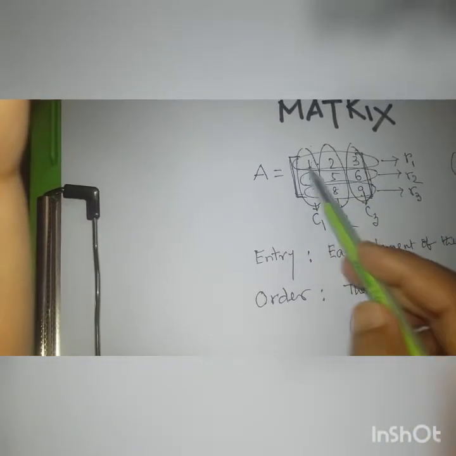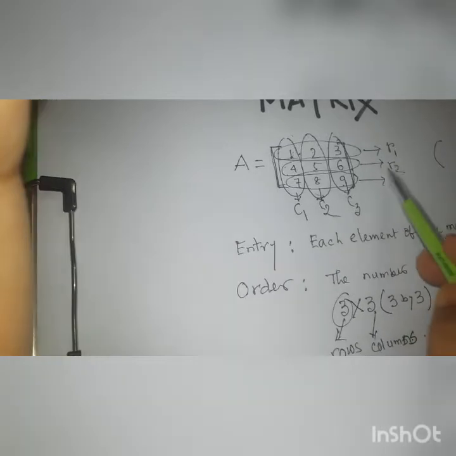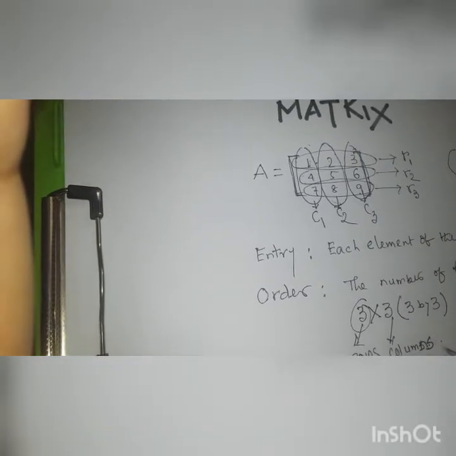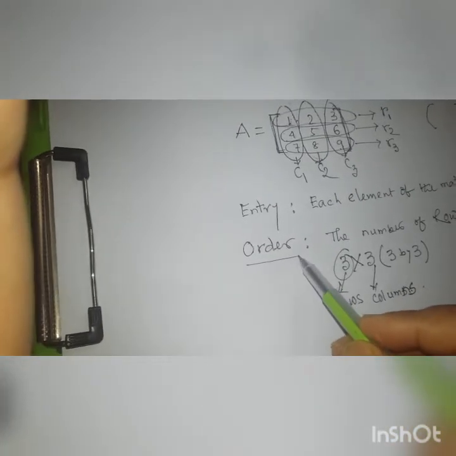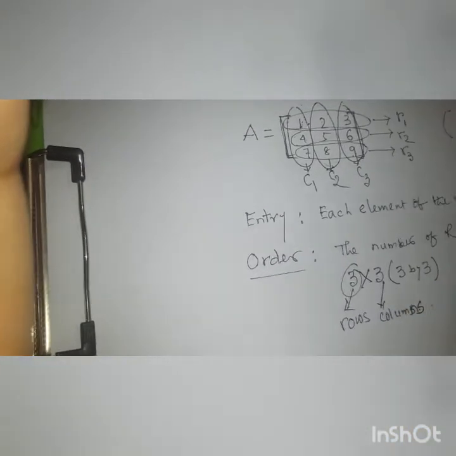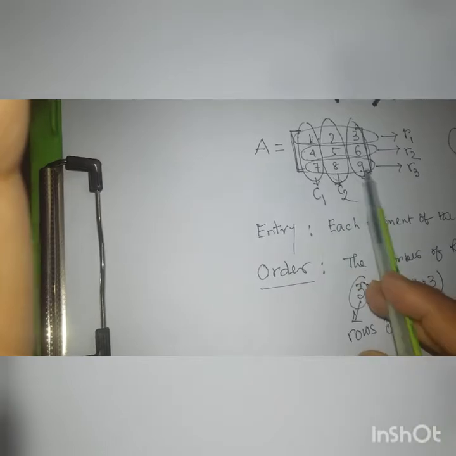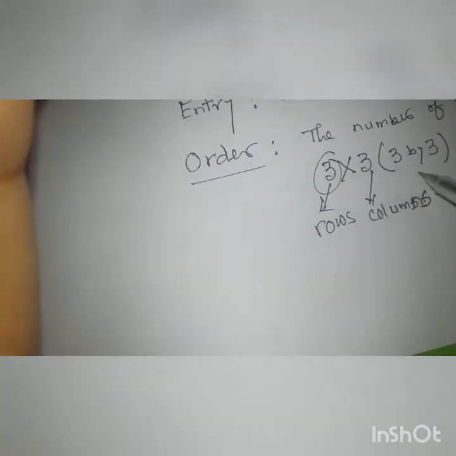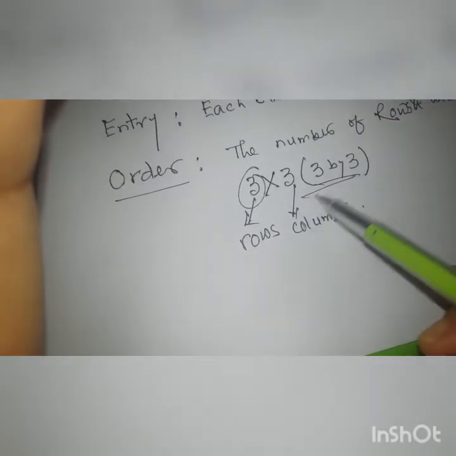So a horizontal line is known as a row of the matrix. The number of rows and columns is called the order of the matrix. It's most important. There are 3 rows and 3 columns, so the order of this matrix is 3 by 3.